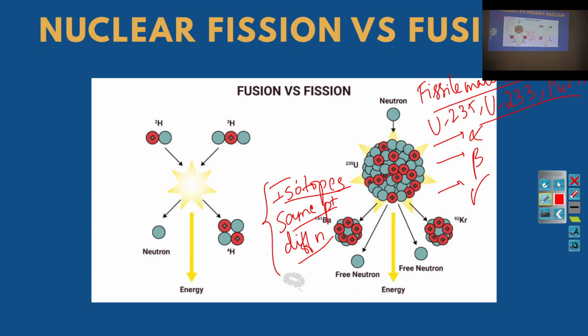Examples: uranium 235, uranium 233, plutonium 239. Okay. So isotopes means you can just write it, same number of protons but different number of neutrons. You can just write it somewhere.